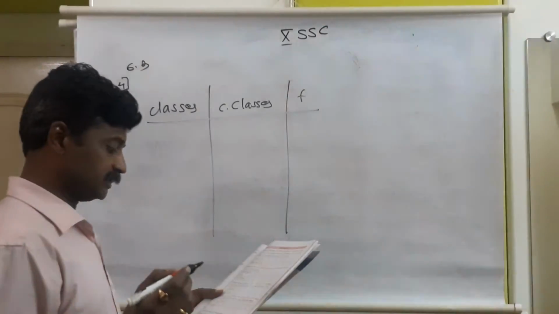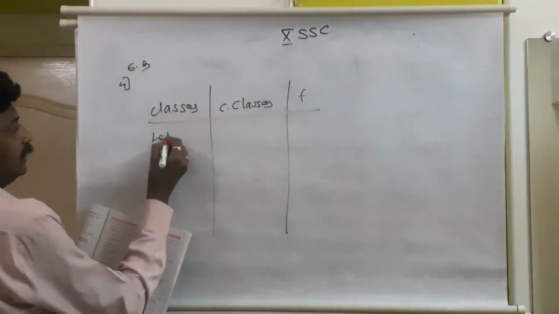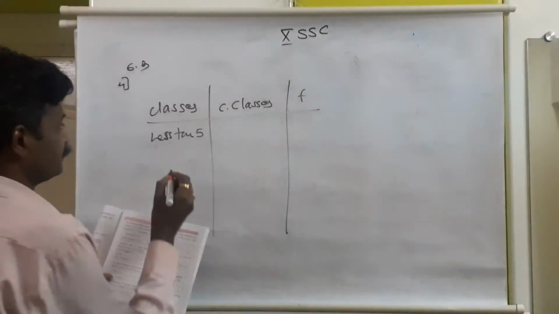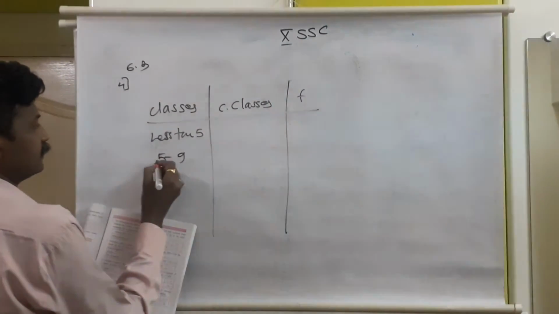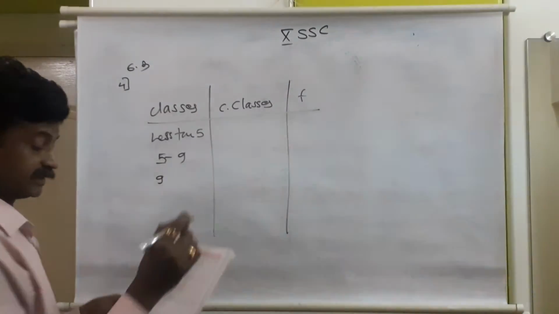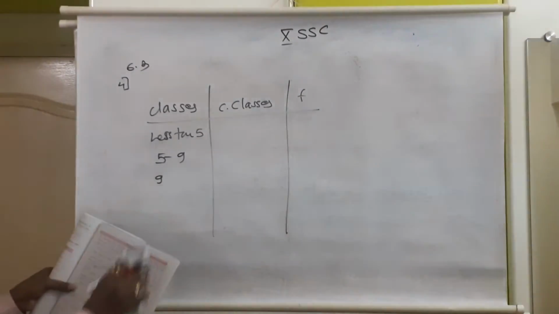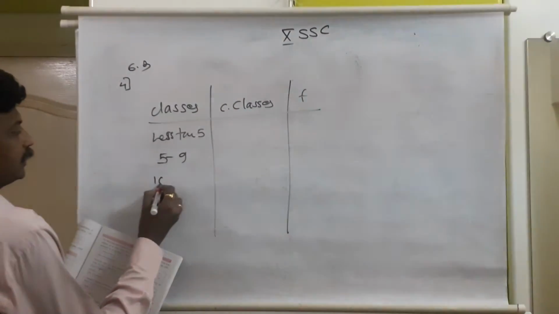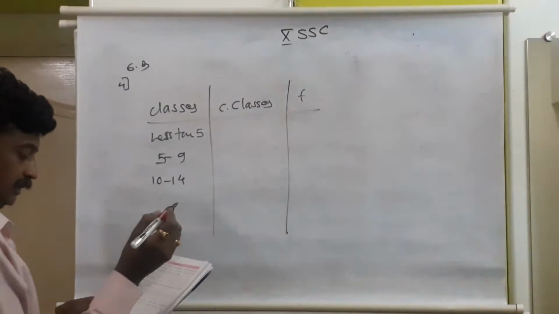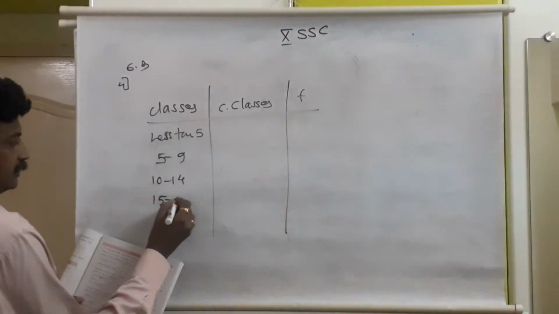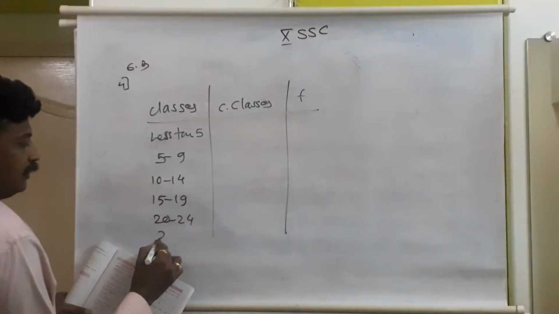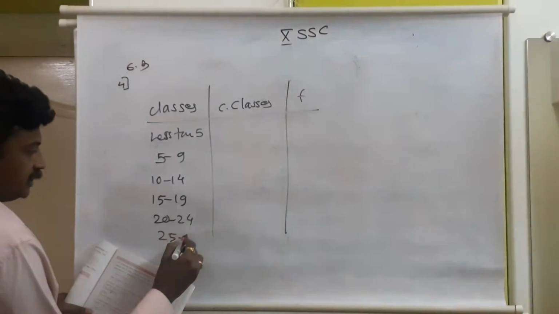So here the first is less than 5, we can keep it as it is. Next is 5 to 9, next class 5 to 9. Next class is 10 to 14, sorry, I wrote the 9, it is given 10 to 14 as the next class. Then 15 to 19, and the next one is 20 to 24 along with 25 to 29.